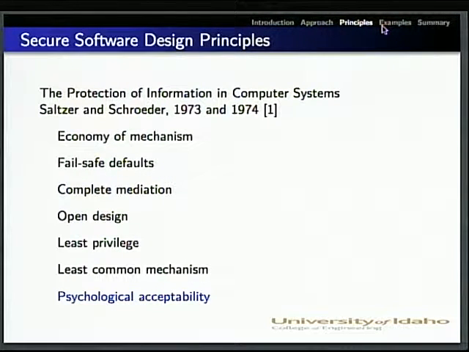So what happens is they're going to look for workarounds, and if they look for workarounds, they're going to defeat the purpose of your technique. So you need to be sure that when you choose these techniques in order to make your system more secure or more safe, your approaches are acceptable socially and psychologically to the users of that system.